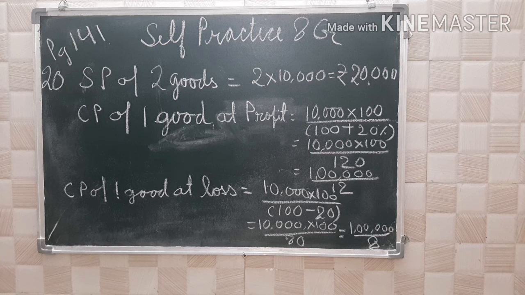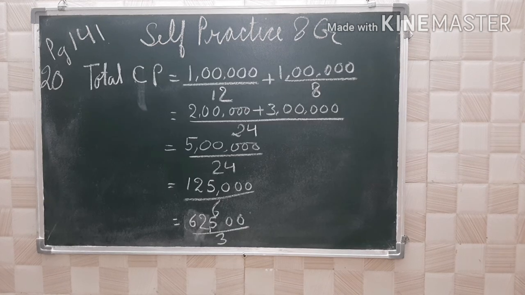Okay students, now total CP will be 1 lakh upon 12 plus 1 lakh upon 8, that will be 2 lakh plus 3 lakh, 5 lakh upon 24, which will be equal to 1,25,000 upon 6, which is equal to 62,500 upon 3. This is your total CP.